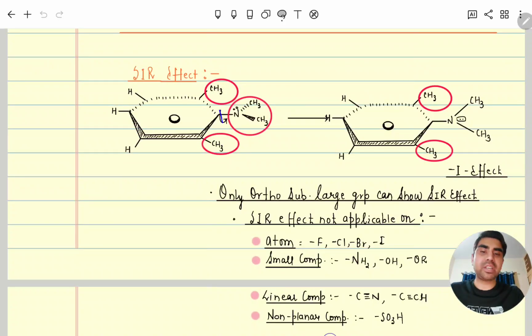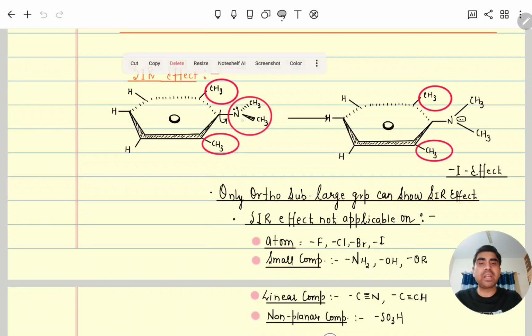Clear? So when this gets rotated, it becomes perpendicular, means this lone pair becomes perpendicular and cannot delocalize with the conjugated system. Now the group will behave as minus I only, because nitrogen is electronegative, so it can withdraw electrons from carbon, but it cannot behave as a plus R. So only at ortho, if a bulky group is there, and along with that a bulky group is also here, then the SIR effect will happen.